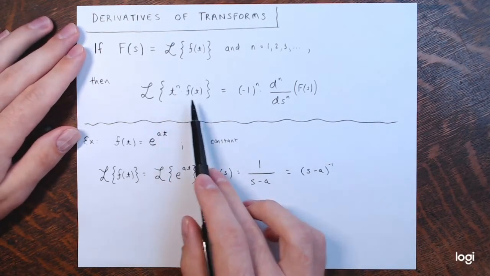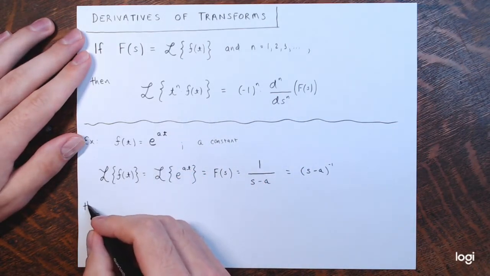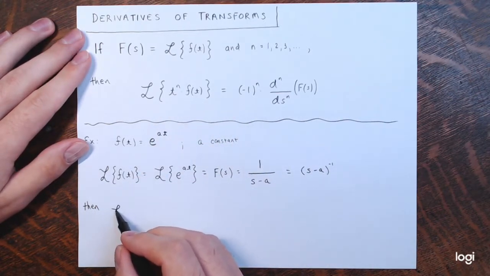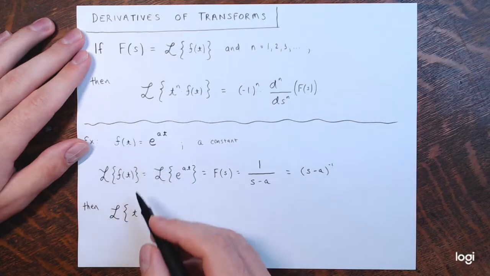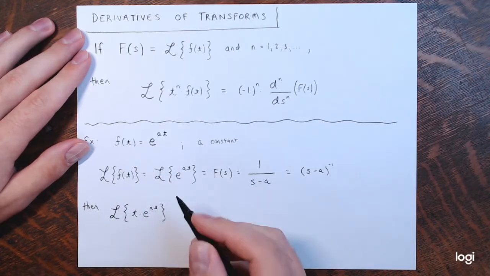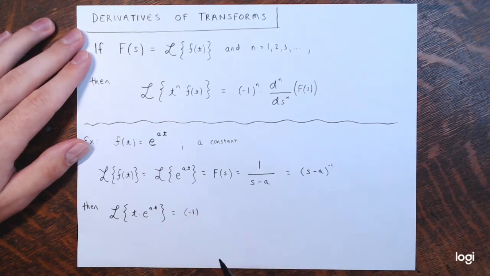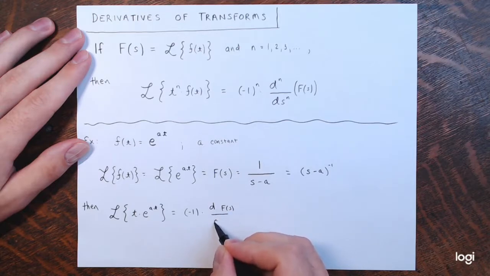Well, then I could apply this rule with different powers of t. Applying this rule, the Laplace transform of, say, t to the first times f of t, e to the at, would be negative 1 to the first power, so negative 1, times the first derivative of F of s with respect to s.